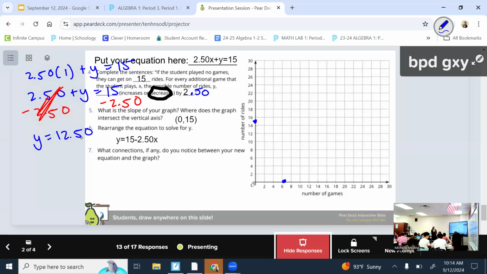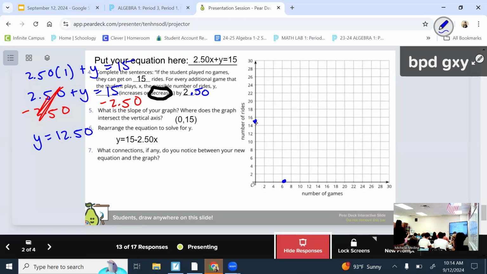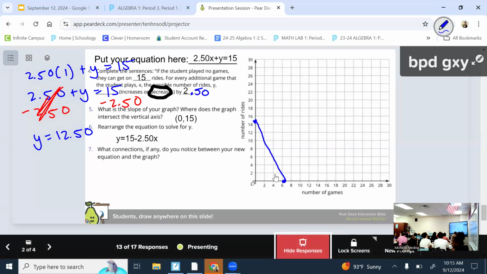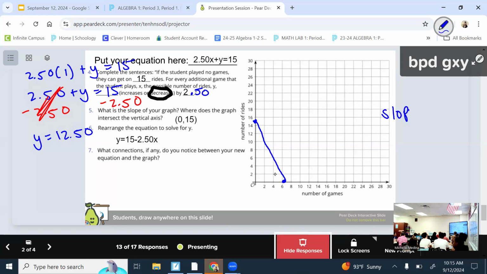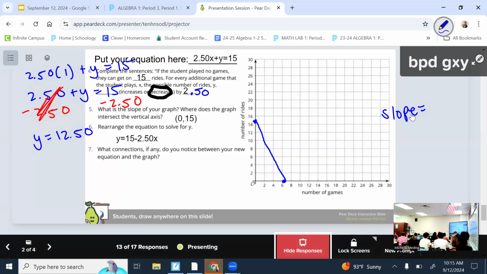Okay. So whoever's this is, you can use a line tool to make a perfectly straight line. But what I'm seeing is that the line is still too thick to really calculate the slope from that. It is possible to calculate slope from a graph. What is the formula for slope? Just the m would be your slope. But how do I find slope on a graph? Rise over run.